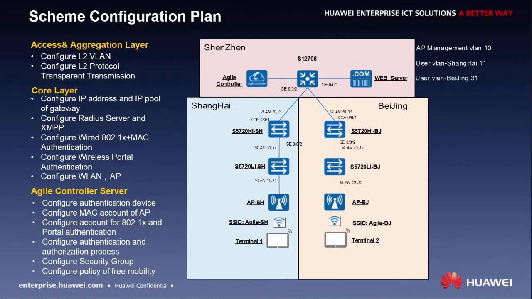Configure VLANs, IP addresses, and basic routes on core switches. Configure XMPP used for authentication and free mobility. WLAN also needs to be configured to enable wireless access. On the Agile Controller-Campus, the administrator needs to add authentication devices and configure MAC authenticated accounts, security groups, authorization, and free mobility.